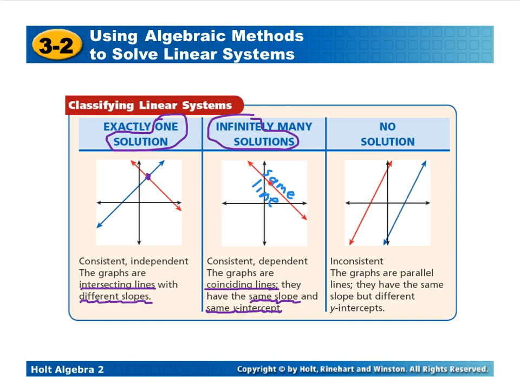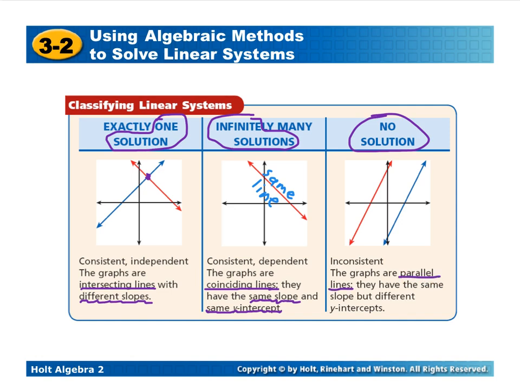Any point that's on this red line is also a solution to the blue line. So any coordinate that you have for the red line is also a coordinate for the blue line, and this means that there's really an infinite number of solutions from this line. The last scenario we have is no solutions, and this occurs when we can see that our two lines are parallel.